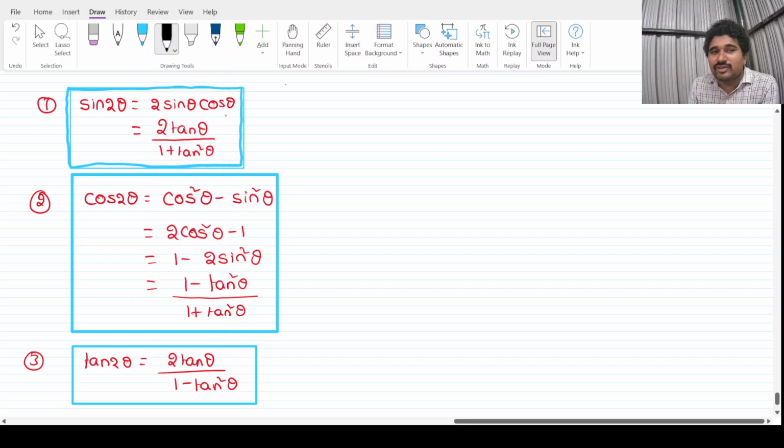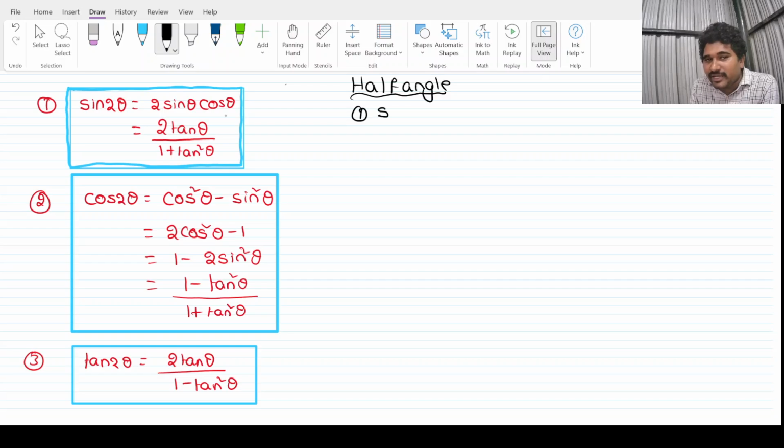Half angle: sine theta. When it is 2 theta, observe, you are having theta, right? When it is just theta, it should be theta by 2. So it should be 2 sine theta by 2 cos theta by 2.